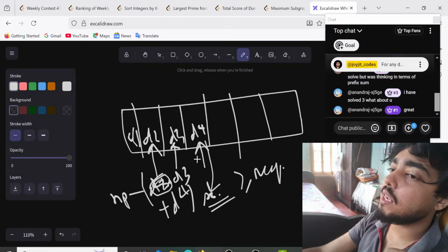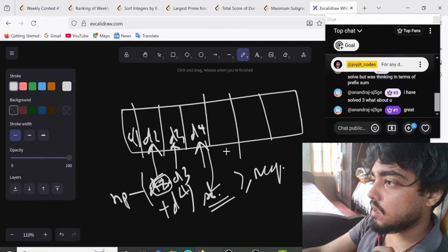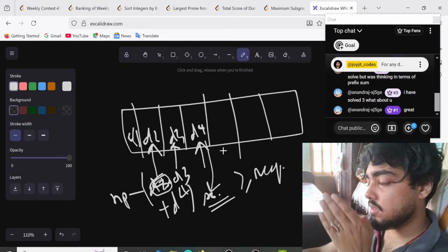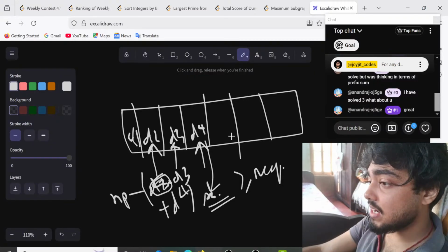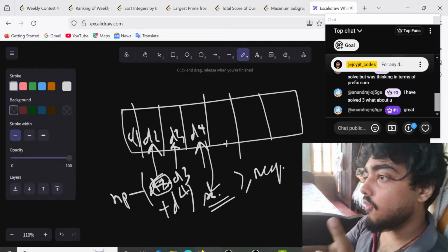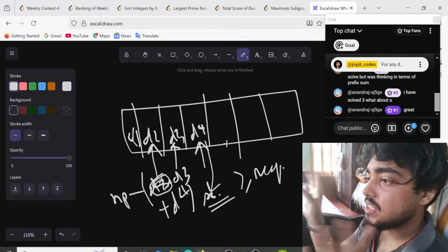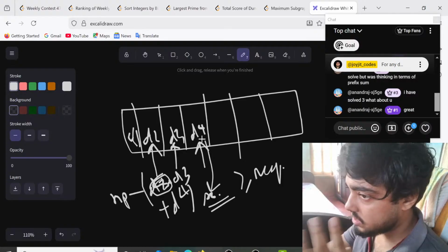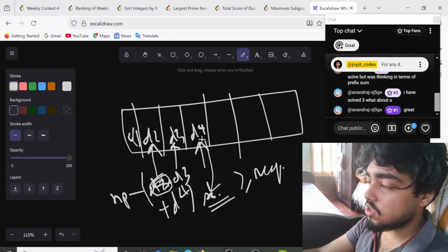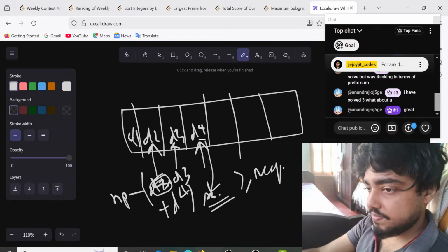So if I can get the farthest cell that I can start from so that this condition is satisfied, all the cells in between I can start from, and that will contribute to the score for that specific cell. This was the observation that you needed to make.